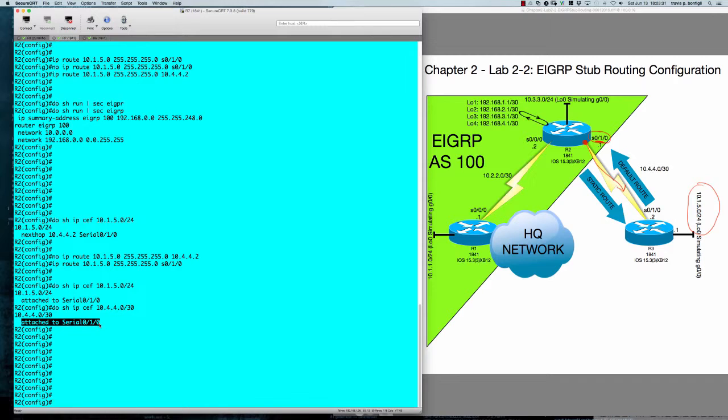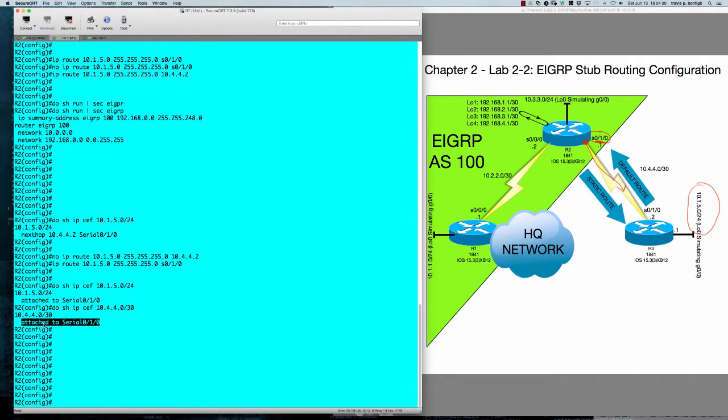By virtue of that, in order for hosts to reach it within that subnet, they would have to ARP to get to it, right? Because all I know is the outgoing interface, and that bit has been flipped.